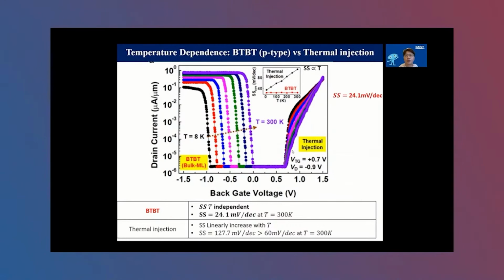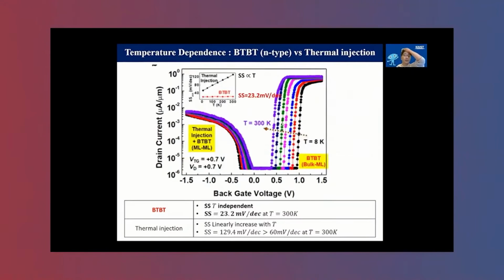However, in the thermal injection region here, as temperature increases, the subthreshold swing increases, linearly dependent on temperature. For N-type operation of TFET, also in the band-to-band tunneling region, this slope didn't change with temperature. However, in the thermal injection region, as the temperature increases, subthreshold swing linearly depends on temperature.